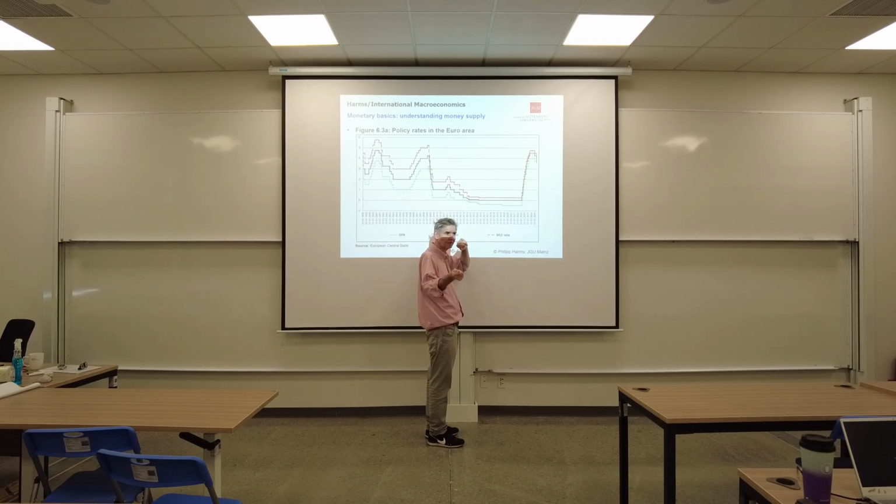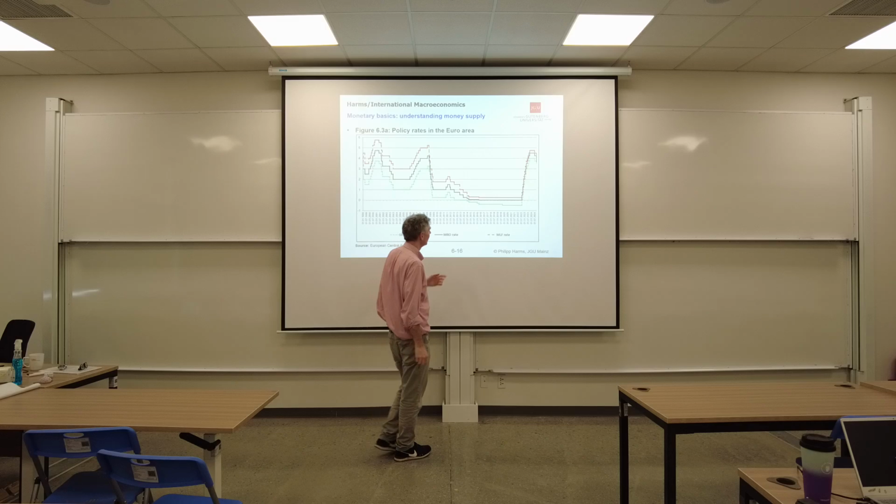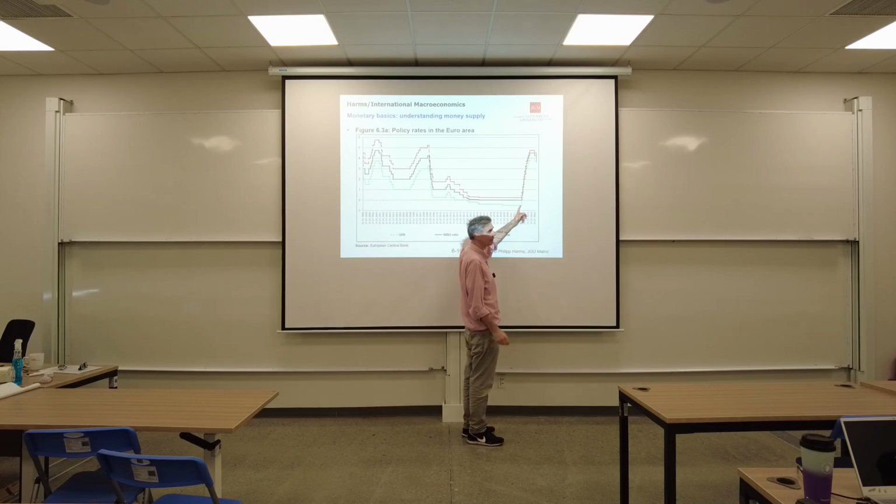So if you deposited money as a commercial bank at the central bank, you didn't get interest, you had to pay interest, which the ECB implemented to prevent banks from depositing liquidity at the central bank and instead lend it out to firms and households. And you see that quite recently, when inflation rates increased substantially in the euro area, these rates were increased big time, right? So that was very quick.